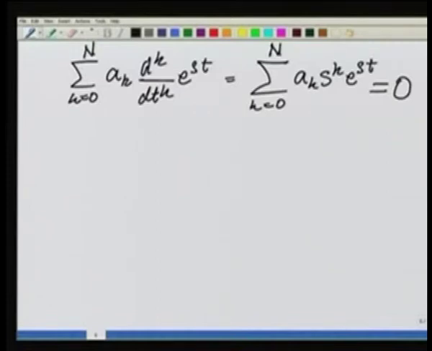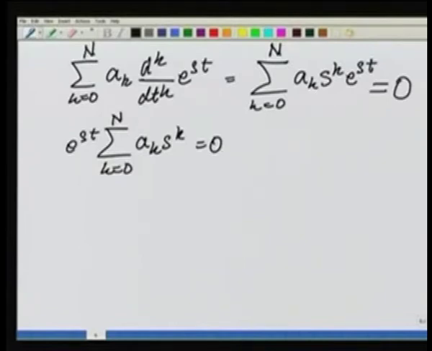So, it can be taken out of the summation and we can write this as e to the st times the summation k equals 0 to n of a_k s to the k, equals 0.